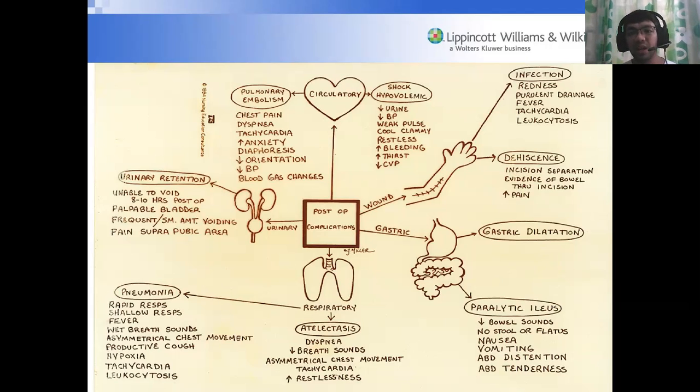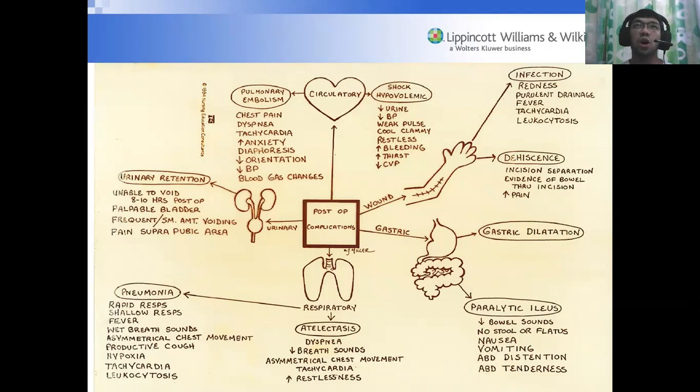Gastric dilatation can occur due to gas buildup. So the doctor will prescribe anti-flatulent drugs. And paralytic ileus due to the anesthesia: decreased bowel sounds, no stools or flatus, nausea, vomiting, abdominal distension, and abdominal tenderness felt by the patient.